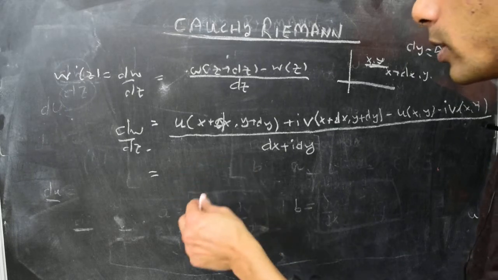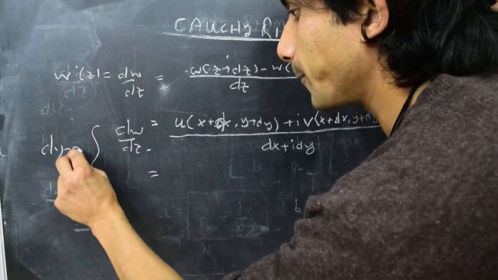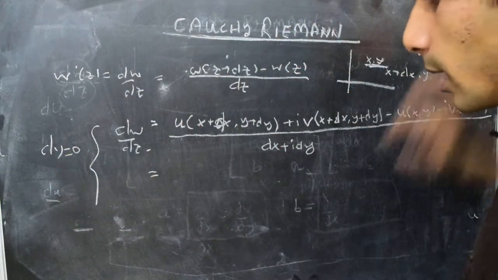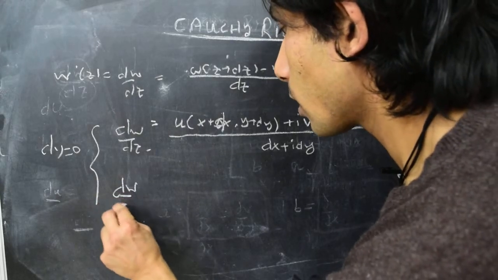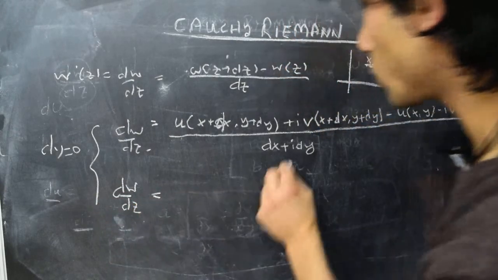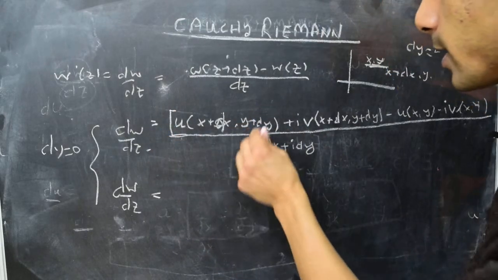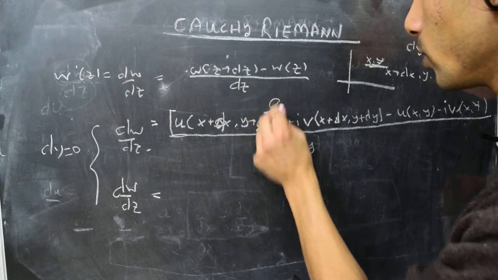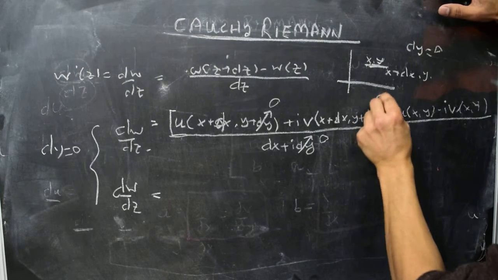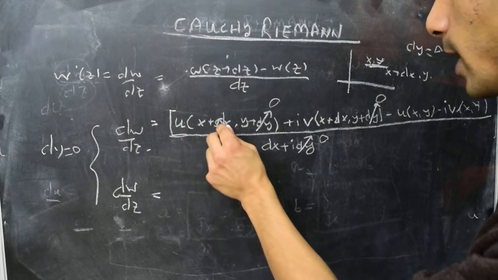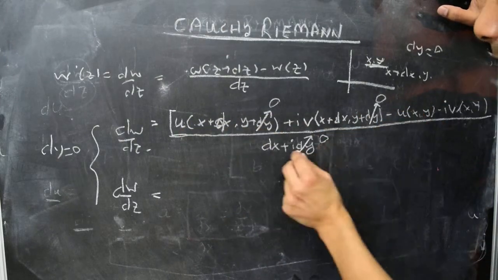So if we focus on the case when dy is 0 and use that condition in this expression, then we find that dw/dz is actually, we just get rid of all the dy's. So we have an expression u at x plus dx, y minus u at x, y, and dy is 0.